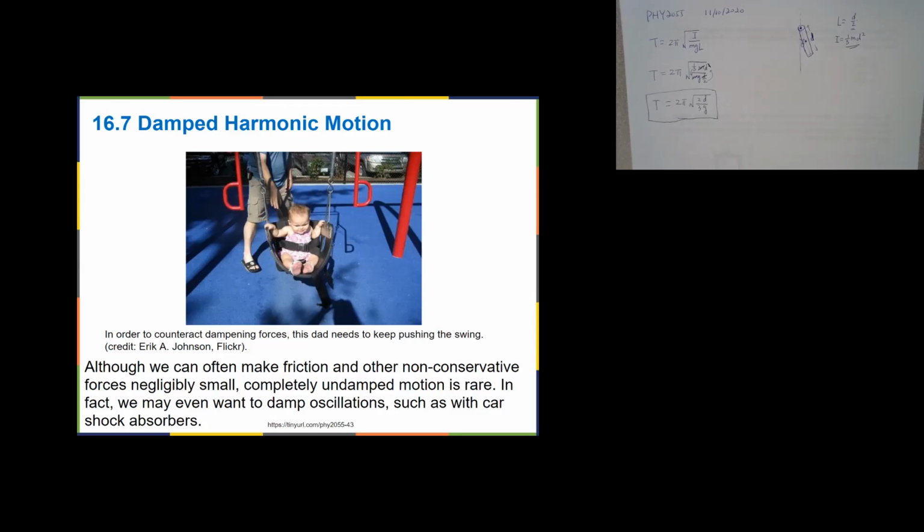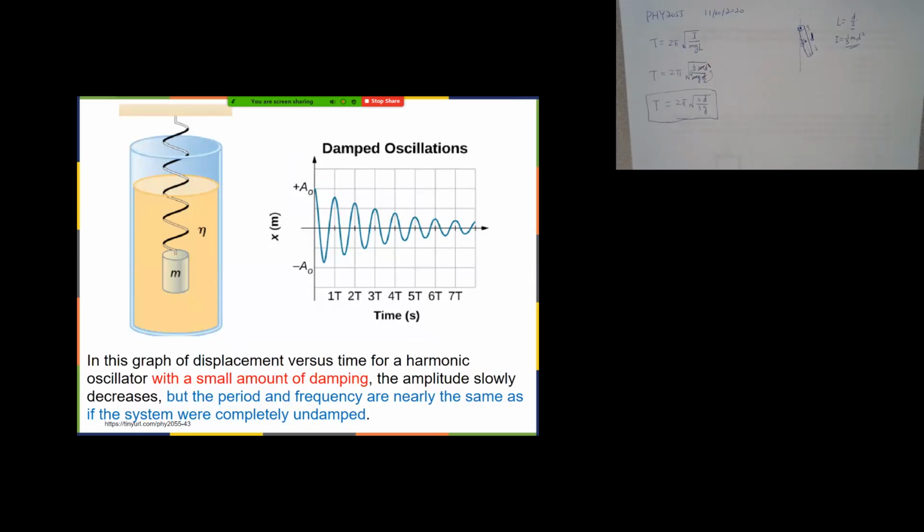For example, if you are going on a swing, which could be modeled as a pendulum or maybe a physical pendulum, and you do not get other pushes or use your chemical energy to keep swinging, the swing will eventually stop, right? That's because the air resistance is in play most likely.